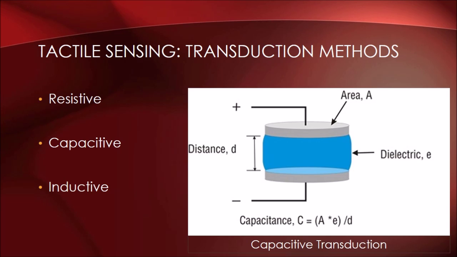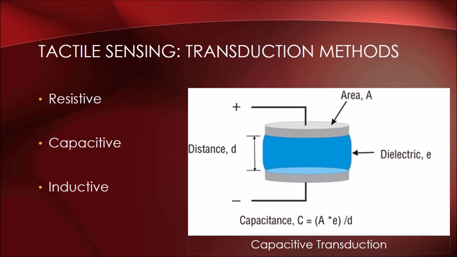Next, in the capacitive transduction technique, the area between the plates of the capacitor is varied, or the distance between them is altered by application of a force. The main advantage of such sensors is that they can be fabricated in very small sizes, which allows the construction of dense sensor arrays.